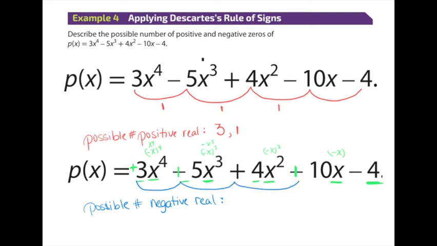Positive to a positive, still did not change. Positive to a negative. My only option is I could possibly have 1. That's all Descartes' rule of signs says. It says you can look at how the signs change, and it's an indicator of the possible number of positive and negatives you will have. All right?